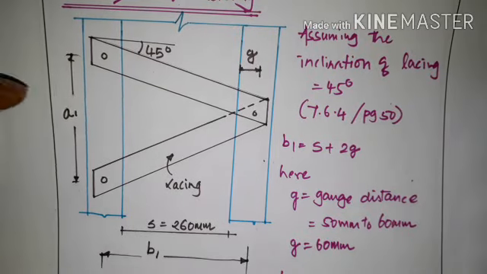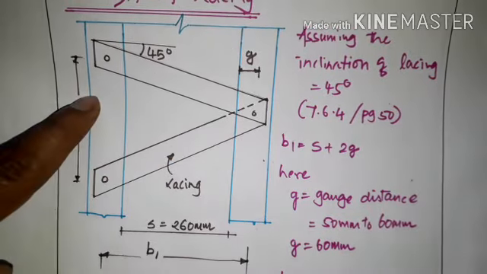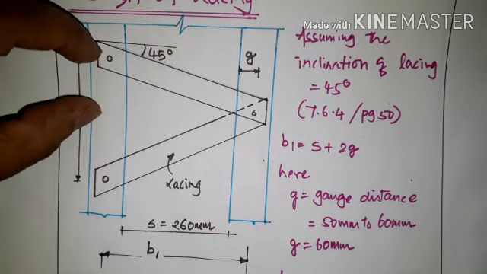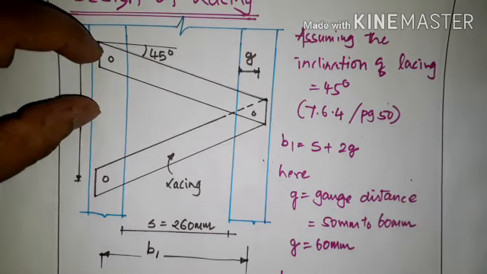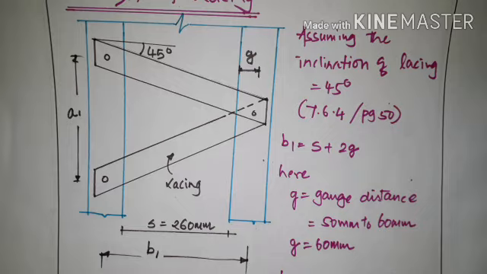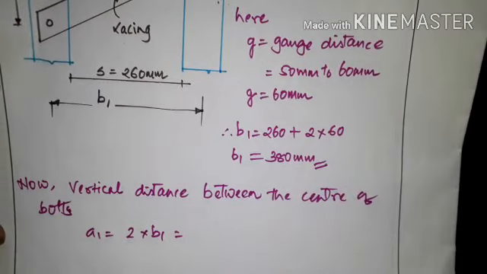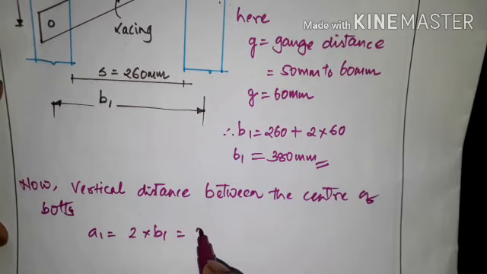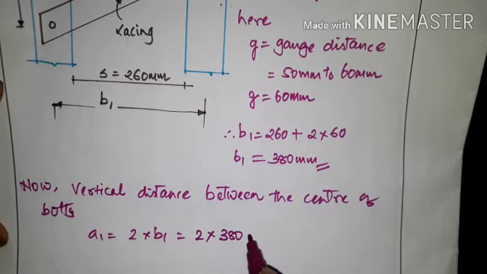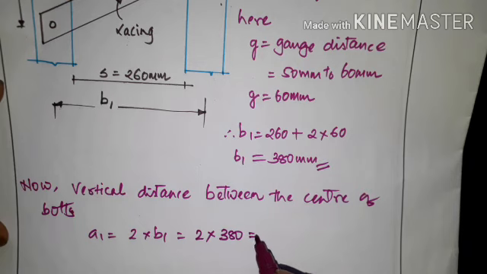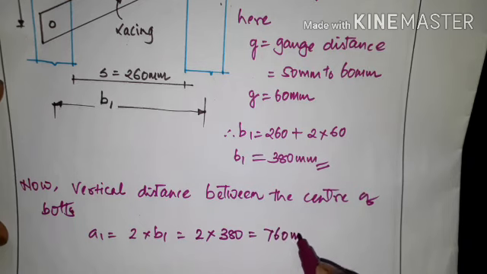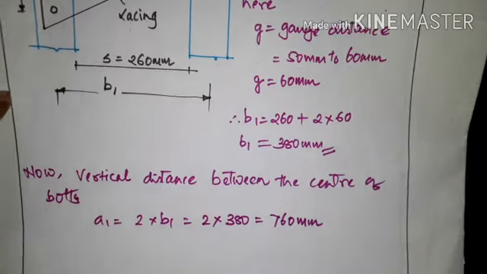Why? Because when the angle is 45 degree, this height should be equal to this height. So according to that, A1 is equal to 2 times B1, because of the angle of inclination of 45 degree. That is 2 times 380, which is 760 mm.